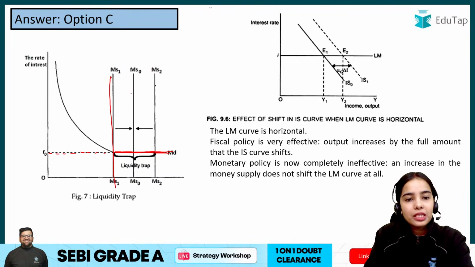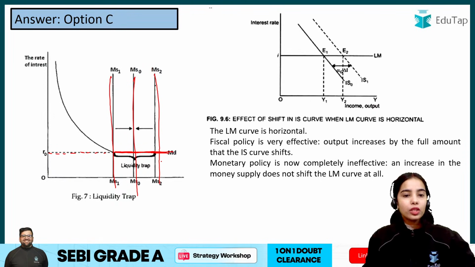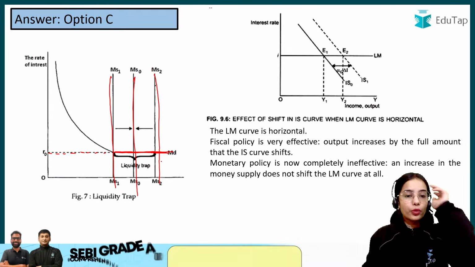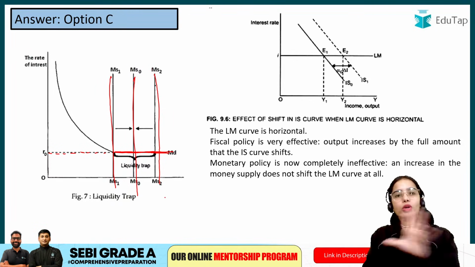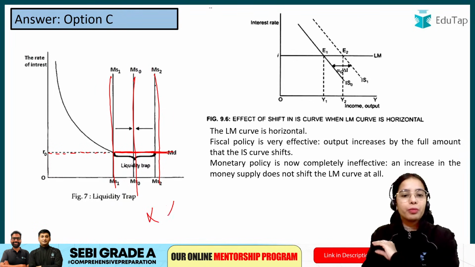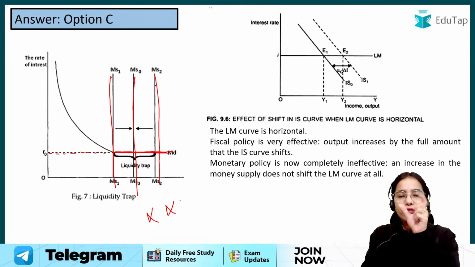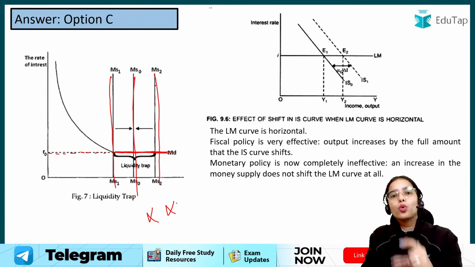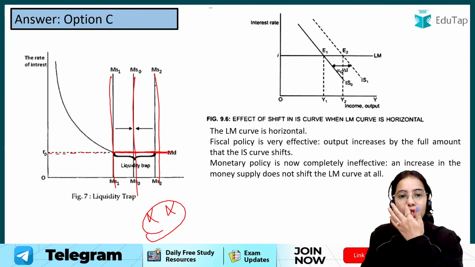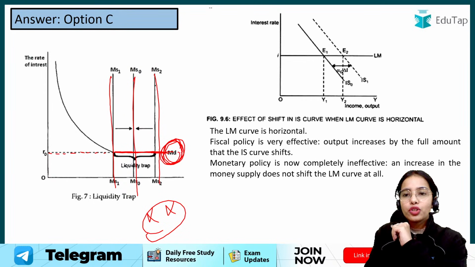So whatever the money supply, people want to hold all the money that they can hold. This is the liquidity trap: people are not investing the money and not saving the money. At a very low rate of interest, they want to hold all the money. When the demand for money is horizontal, the LM curve is also horizontal.